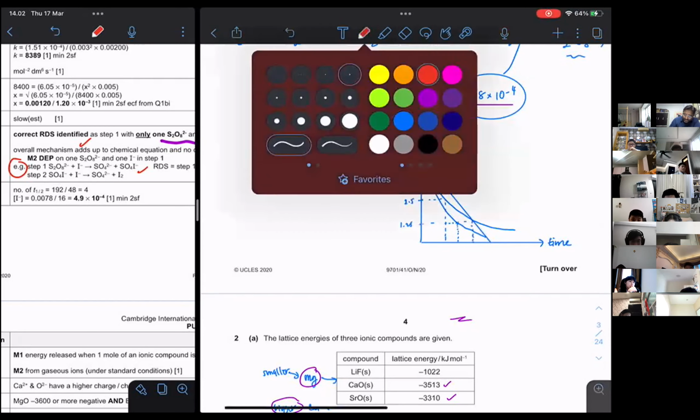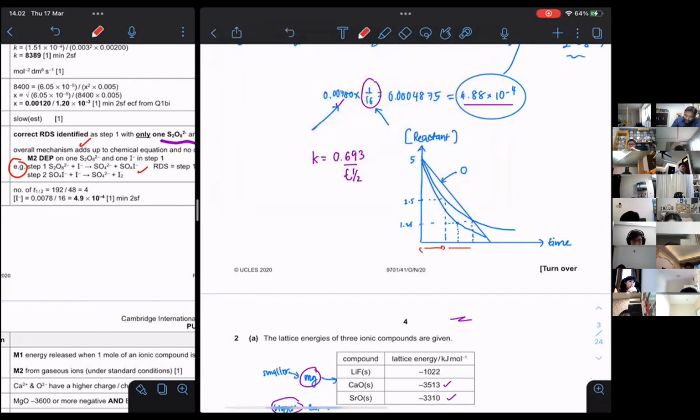I'll just use the red pen over here. Half-life remains constant. So when it touches roughly here, the half-life remains constant. So that tells me that this is a first order reaction. From the graph, you need to find out.